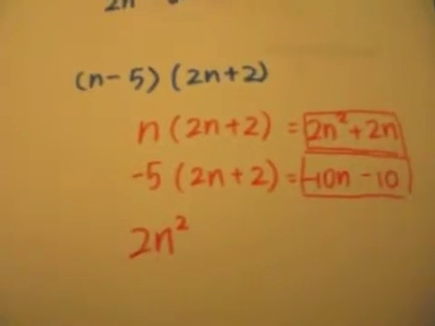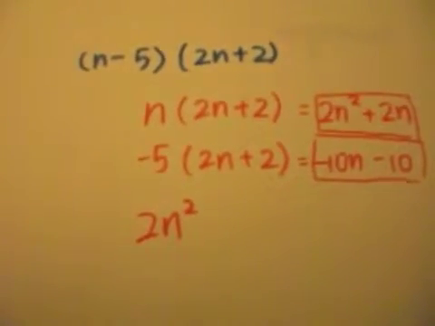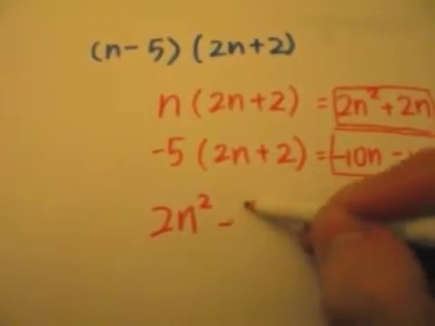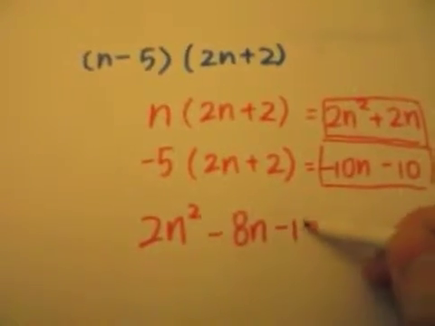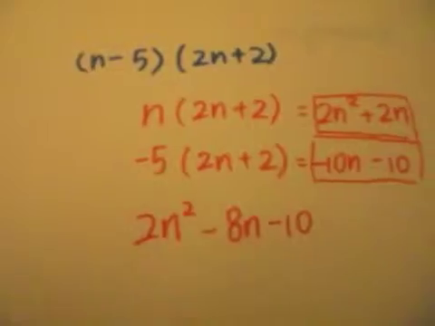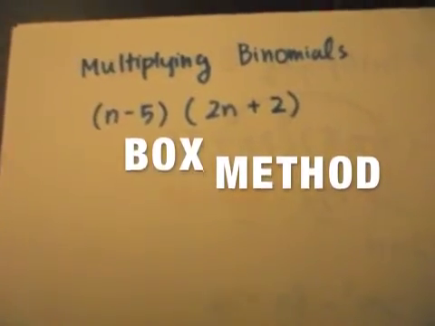Those two can be added. Positive 2n plus negative 10n gives me negative 8n. And the negative 10 is by itself. And there's my answer.